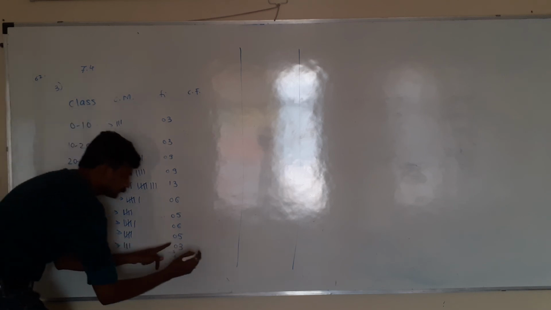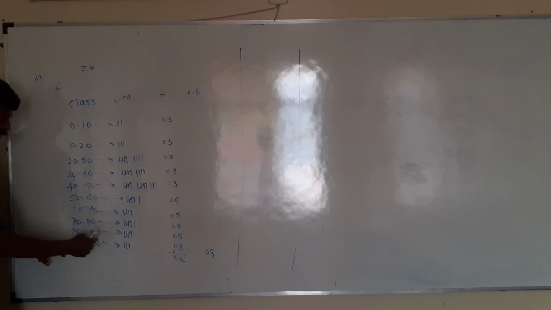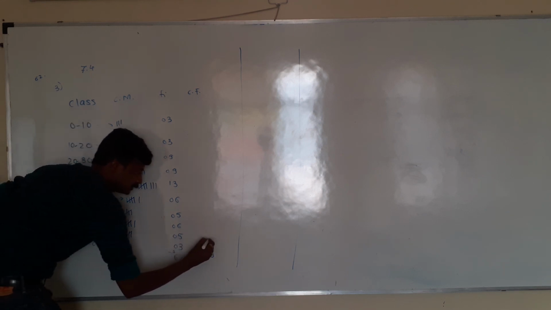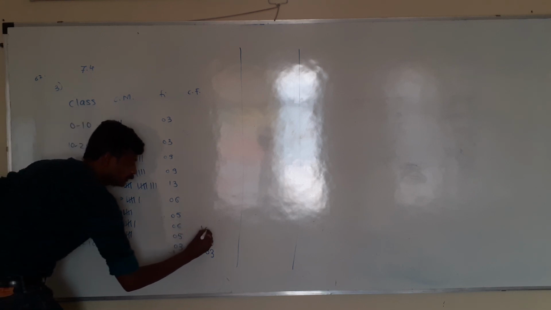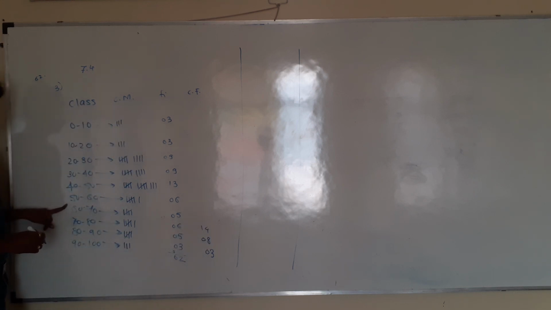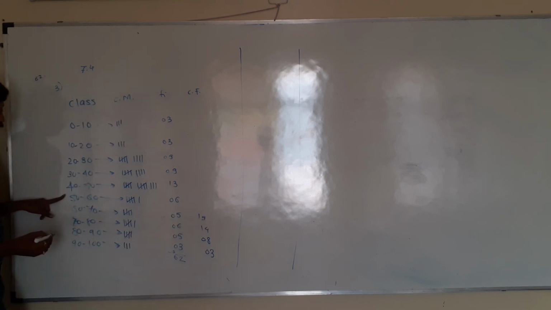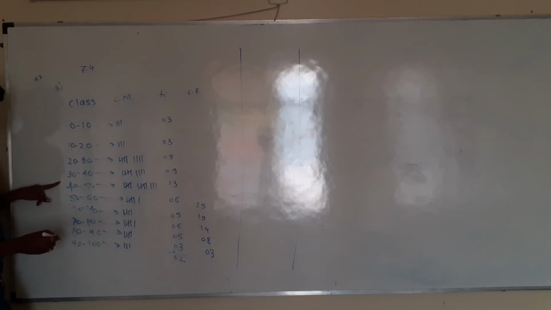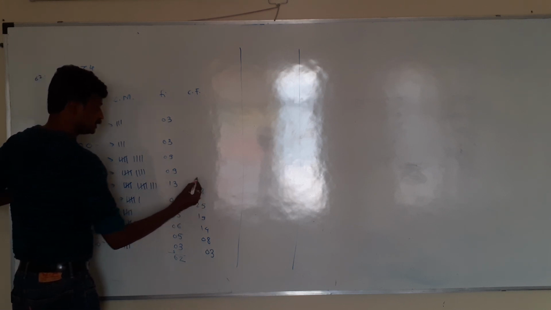So for the last class, cumulative frequency more than or equal to 90 it will be 3. Cumulative frequency more than or equal to 80. Addition of these two frequencies 5 plus 3 8. 70 to 80 class 8 plus 6 14. 60 to 70 class 14 plus 5 19. More than 50 that is 19 plus 6 25. More than 40 addition of 25 and 13 it will be 38.